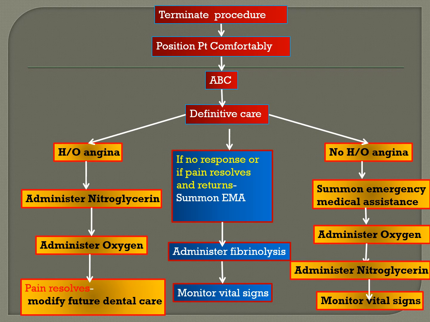If there is a known history of angina, call medical assistance, administer oxygen and nitroglycerin, and monitor vital signs. If there is no response, or if the pain resolves and returns, call medical assistance, consider fibrinolysis, and monitor the vital signs. So it is better to refer and transfer this type of patient to emergency care.